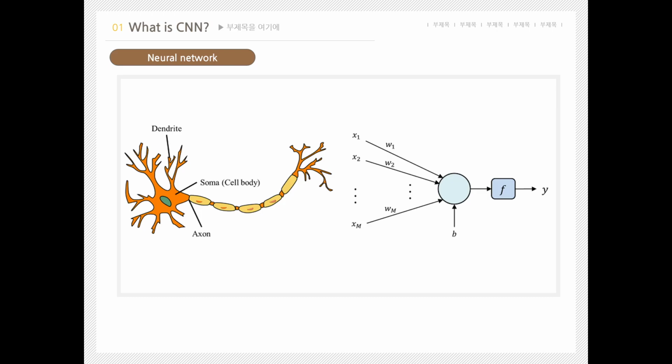The optimization process of finding the right value by changing the values of w and b to create the desired y value is called learning or training.